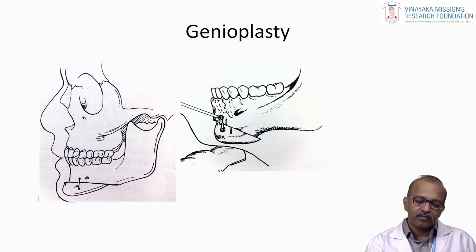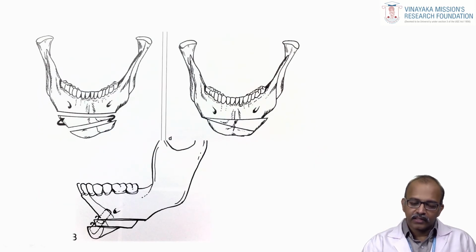The nerves are preserved, and then below the two mental nerves an oblique osteotomy cut is done, and then it is completed fully and it can be repositioned, either advanced or set back, or the excess can be removed.